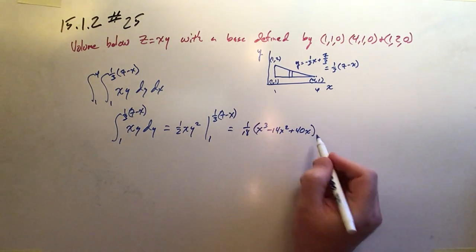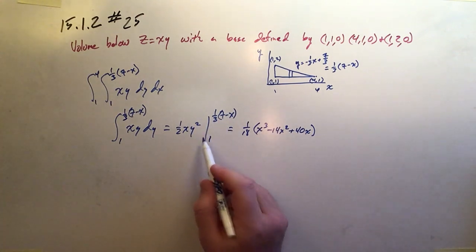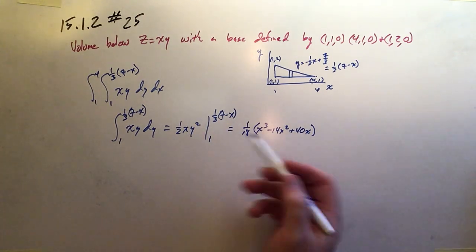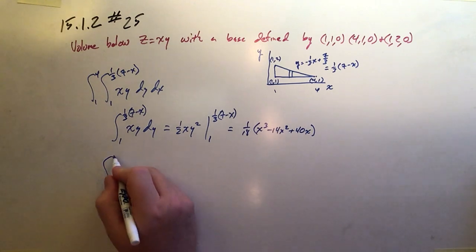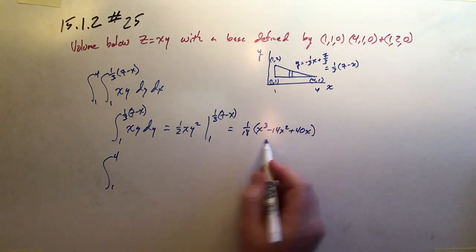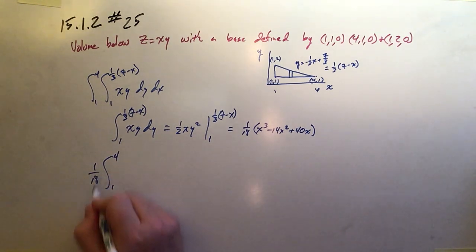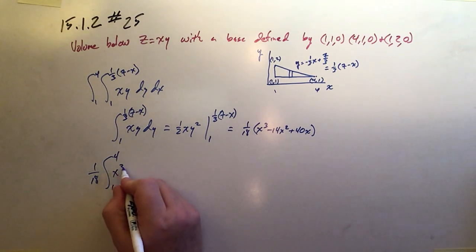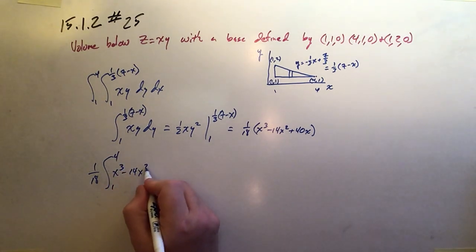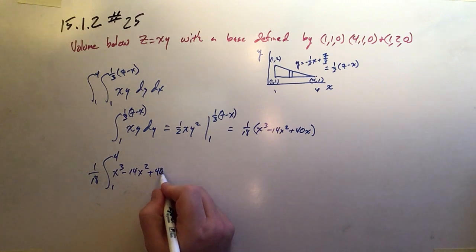And that's what you get once you plug in the upper and lower bound and then simplify. So that becomes the argument for our next integral, and that's 1 to 4. And the argument will be, I can put the 1/18 outside, x cubed minus 14x squared plus 40x.